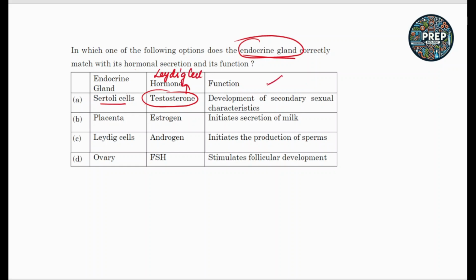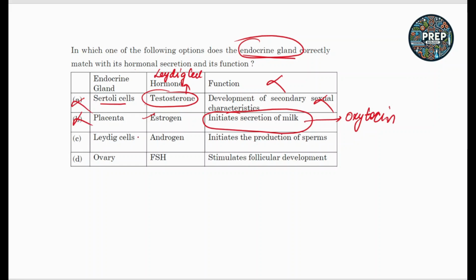So this is wrong. Second option, placenta having the hormone estrogen initiates the secretion of milk. Estrogen is correct, but the initiation of the secretion of milk is by oxytocin. This is also incorrect.